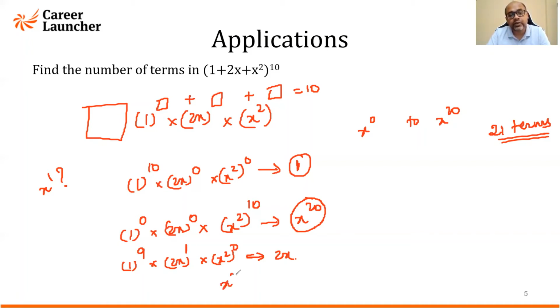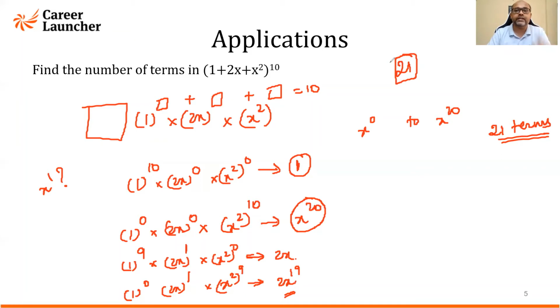I will take x square whole power 9 and 2x whole power 1 and 1 power 0. So 0 plus 1 plus 9 is 10, and you will get 2x to the power of 19. Like this, all terms are possible from 0 to 21. So all 21 terms exist. So the answer here is 21.